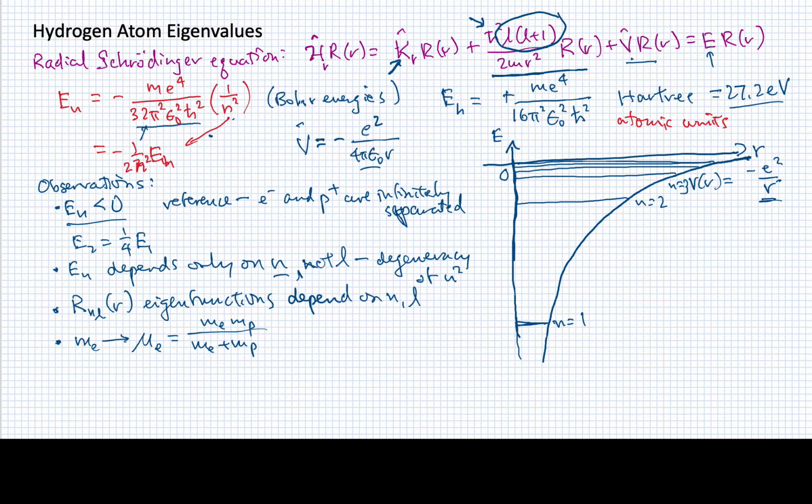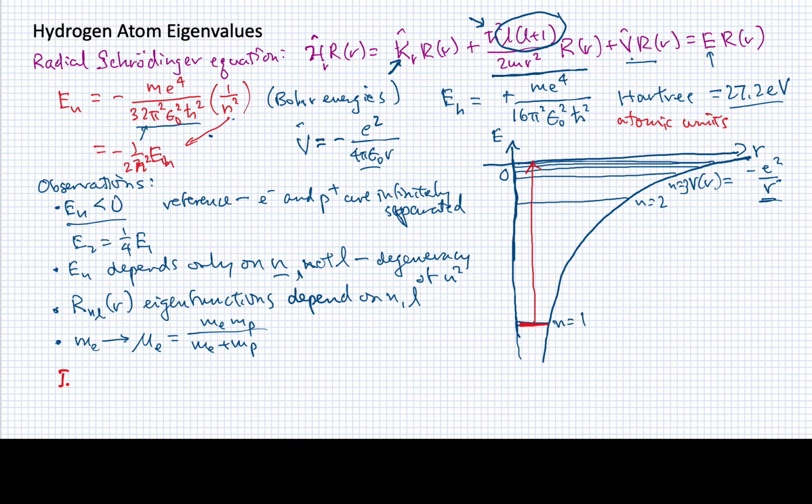Now, one thing I'd like to note here is sometimes we learn in general chemistry about the ionization potential of different atoms. And we also talk about the electron affinity, but the ionization potential, how does that look on this particular diagram? Well, in that case, we're starting down here at the ground state of the hydrogen atom, and we're separating the proton and the electron from one another. So we're basically bringing it all the way up to 0.